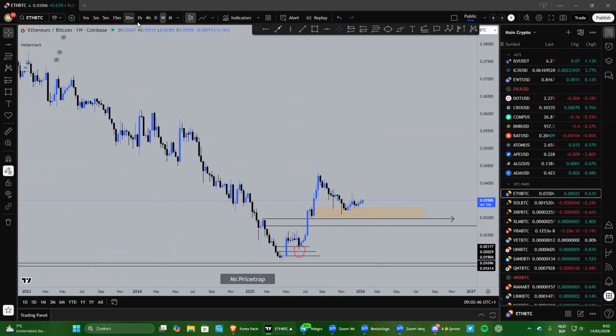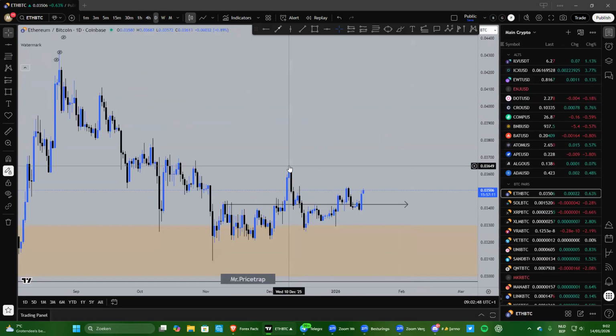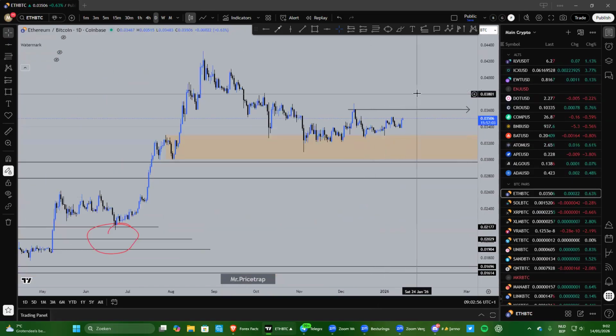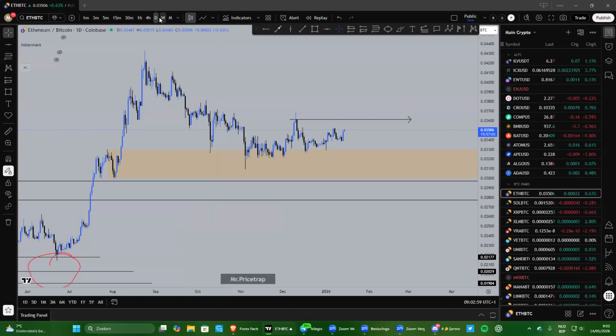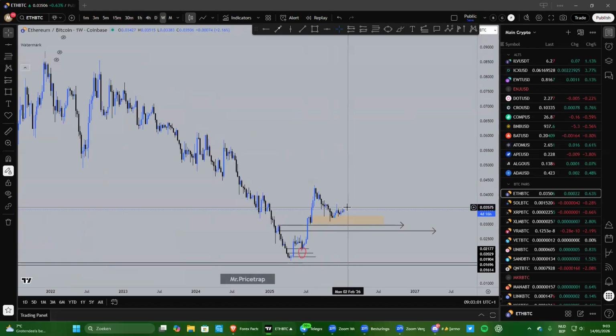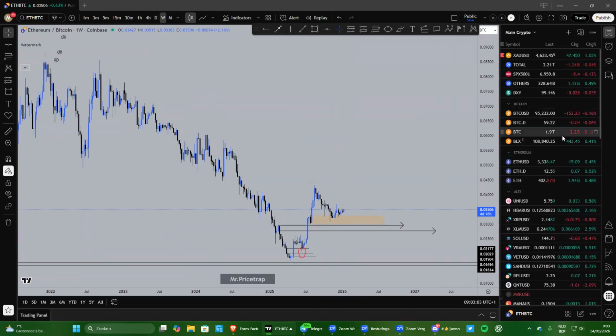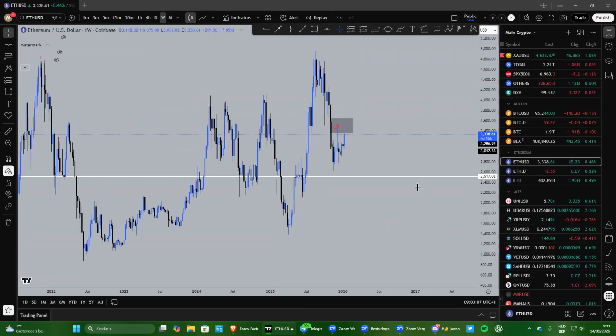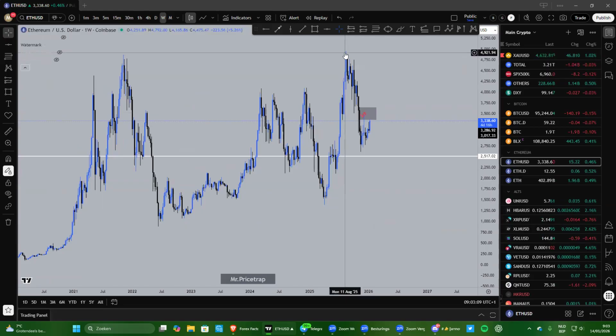Now we have to look if we can finally break some structure here on that daily time frame. We broke this one, so the breakout retest has happened. So now we can focus on this high and see if we can break above that. Believe me, if this chart really gets the power, Ethereum is going insane. If you have seen this move, this is what happened with Ethereum.